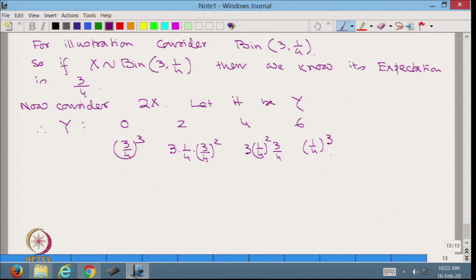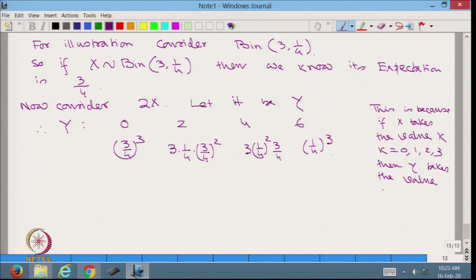This is because if x takes the value k, k is equal to 0, 1, 2, 3, then y takes the value 2k with the same probabilities.